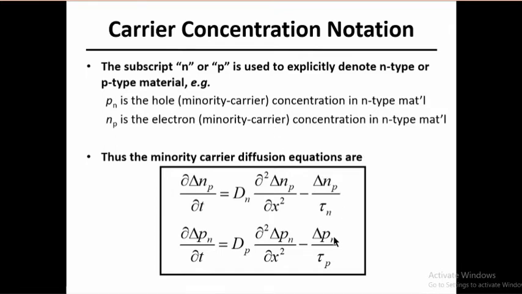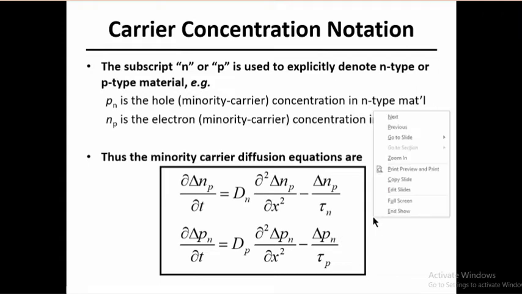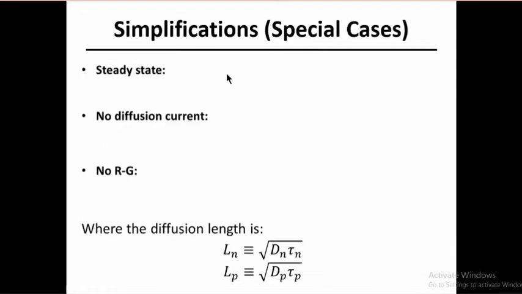these two equations that correspond to the minority carrier diffusion equation, and from that we can go to the steady state equation. In steady state, what does it mean? If we have no diffusion current, what does it mean if we have no recombination generation as well?